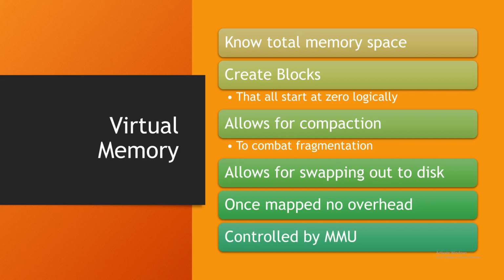Now, because you can create blocks, you are allowed to use compaction because it's all virtual memory. So you can just move stuff around and compact everything to combat fragmentation. The reason you're allowed to swap it out to disk is because it's virtual. And another nice thing is that once virtual memory is mapped, there is no overhead.